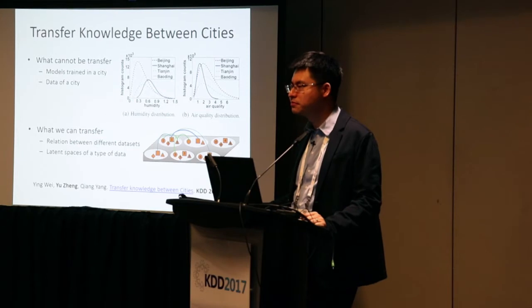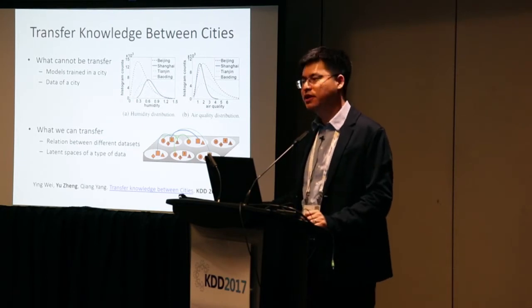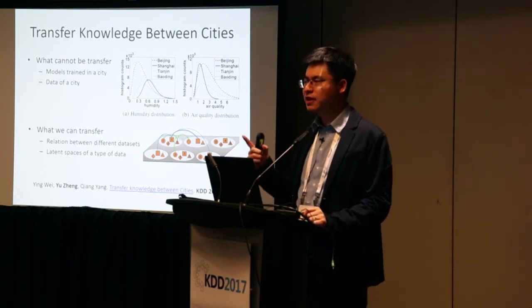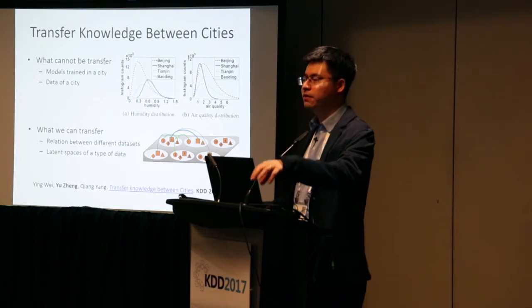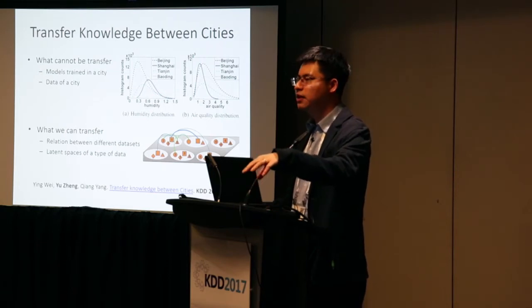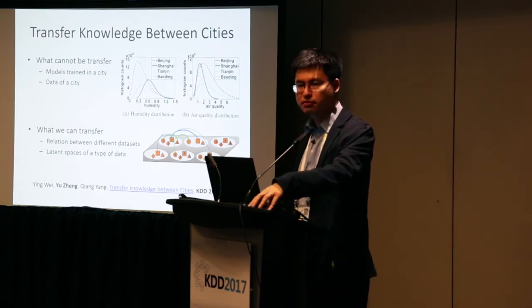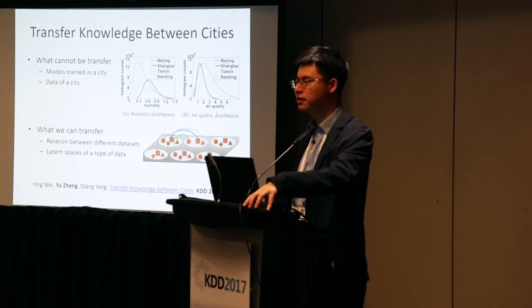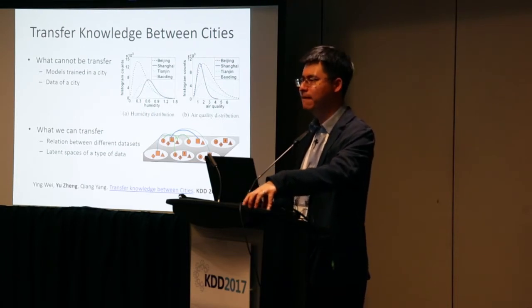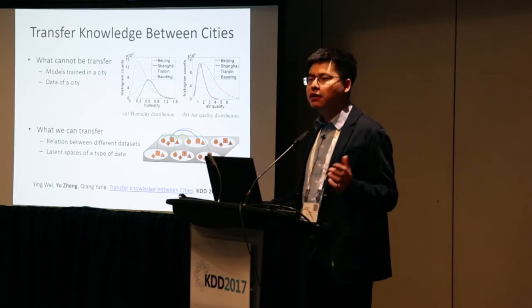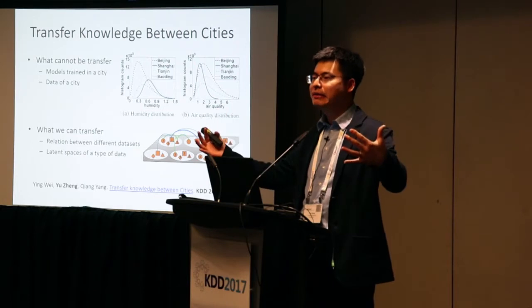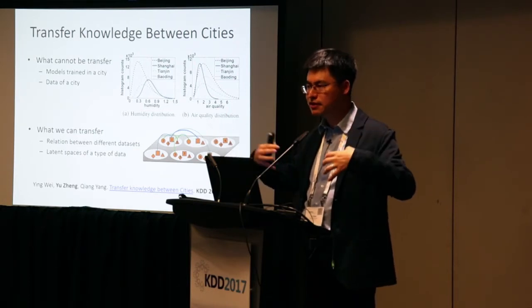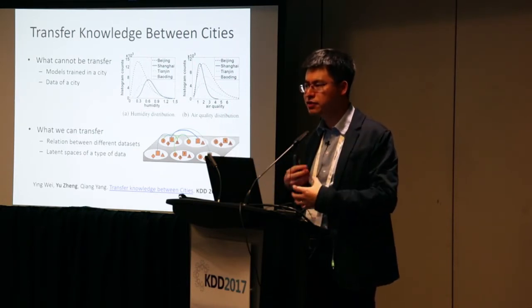So what can we transfer? First, the relationship between different types of data sets can be transferred. For example, when there is traffic congestion, the air quality tends to be bad. Such a relationship may be universal, and it can be transferred between different cities. Second, even if the data sets themselves cannot be transferred directly, if we project the data into a latent space, then we can use them together.